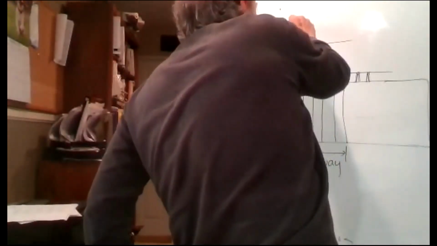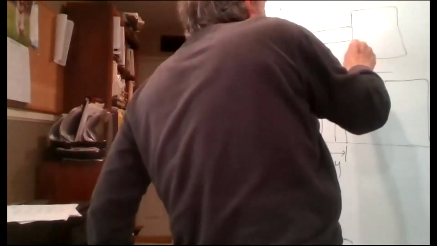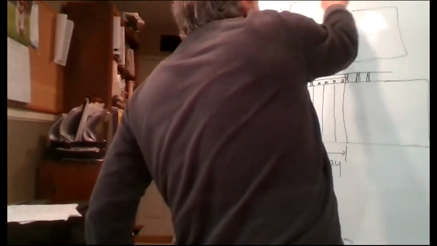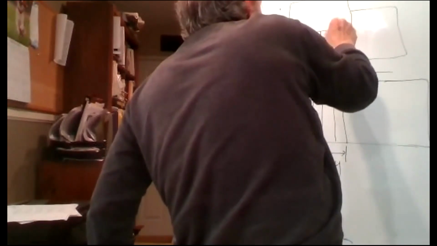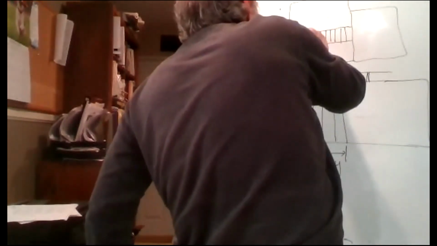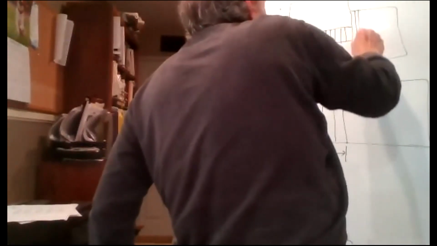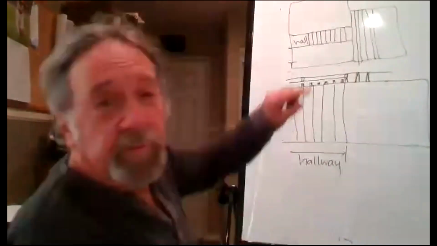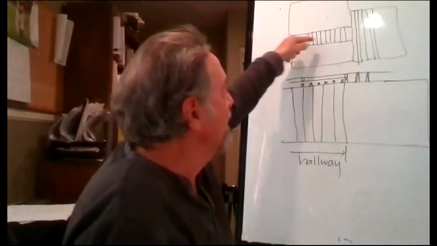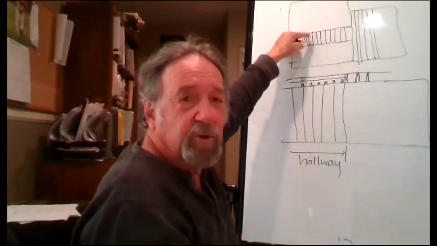So if you're looking down at it, this is the hallway and it's got little joists, since it's only 3 feet across, they don't need to be very wide.